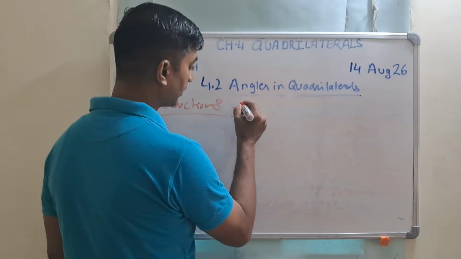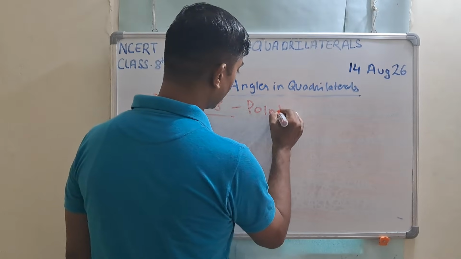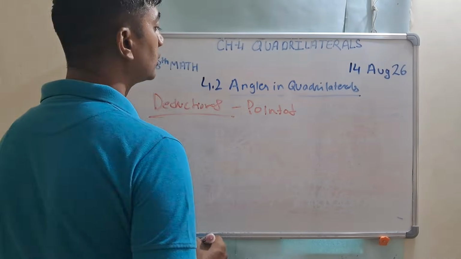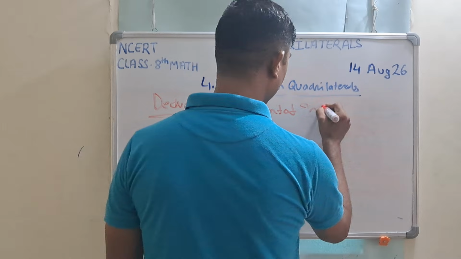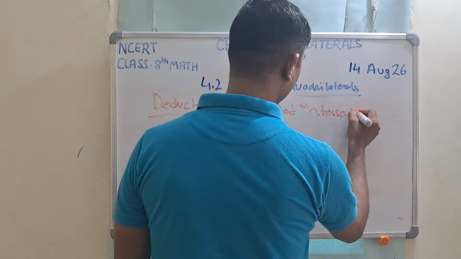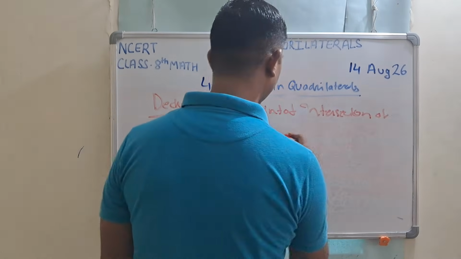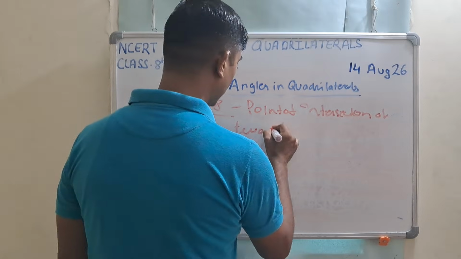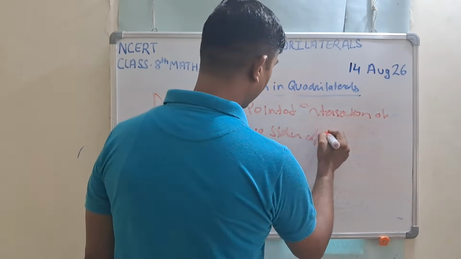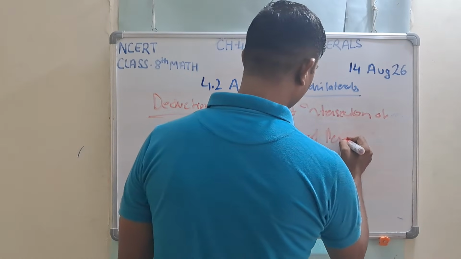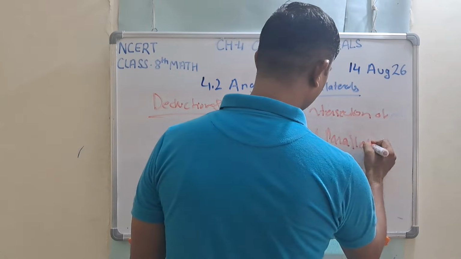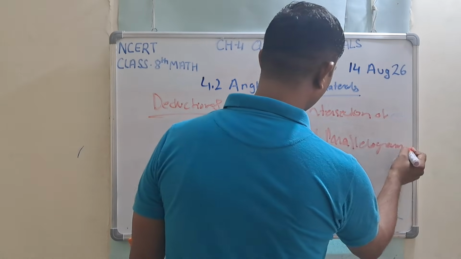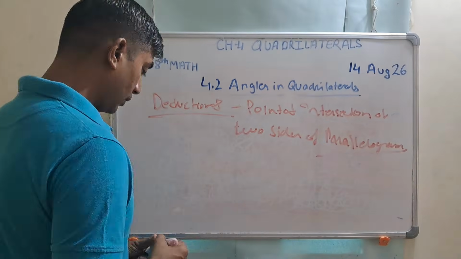We have to see the point of intersection of the diagonals of a parallelogram. What is this saying?